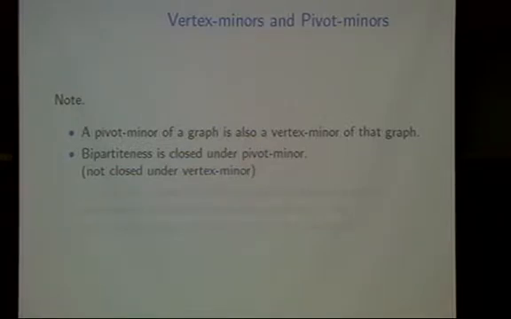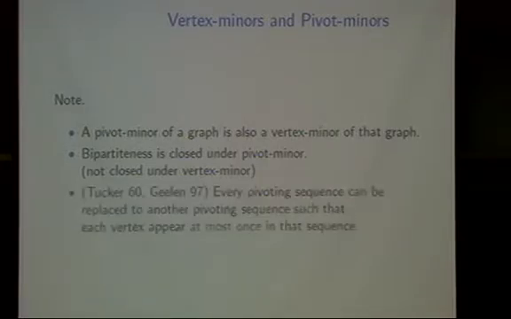So if you take the pivoting on an edge, that middle set also does not appear. So bipartiteness is closed under pivot-minors, but bipartiteness is not closed under vertex-minors. So pivot-minors have some property.